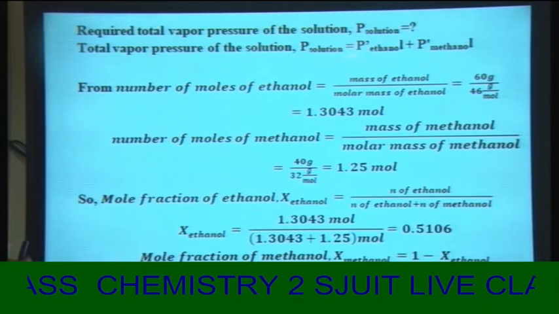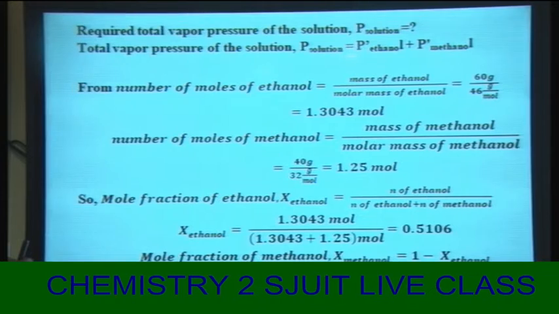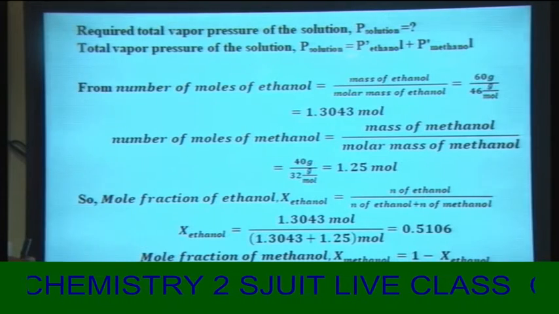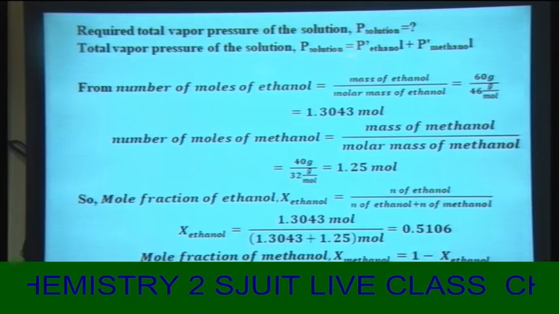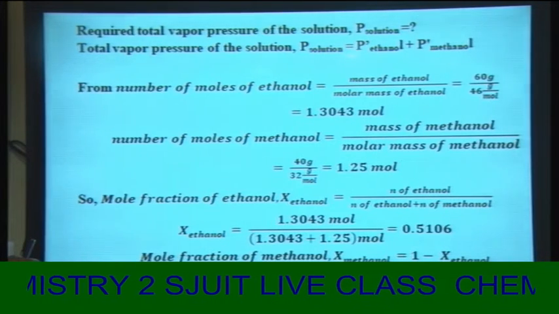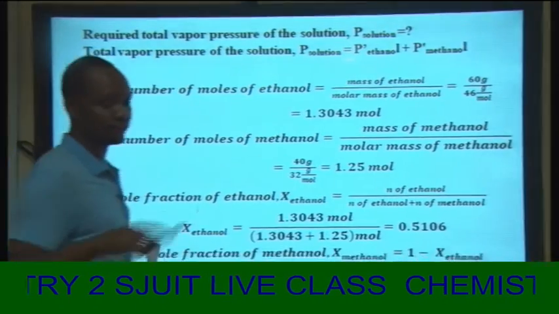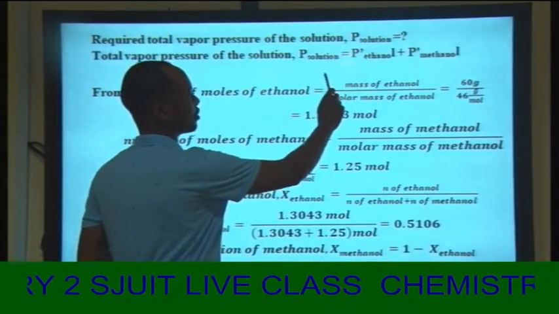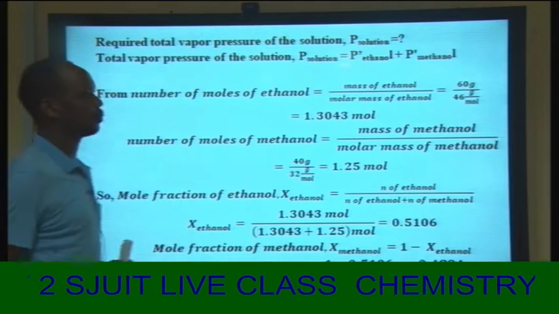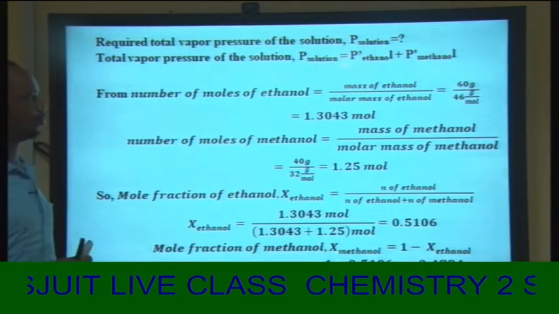Will it increase, decrease, or remain the same? Since we consider the mixing of methanol and ethanol as resulting in an ideal solution, the pressure of the solution is equal to the partial pressure of ethanol plus the partial pressure of methanol.